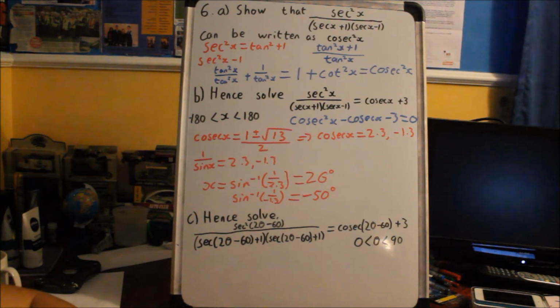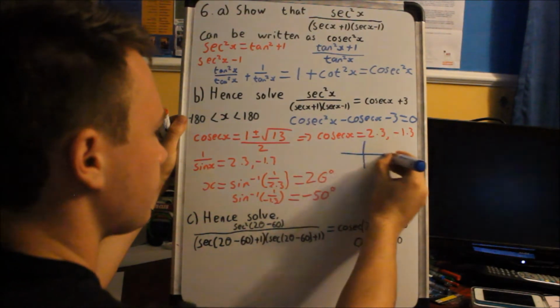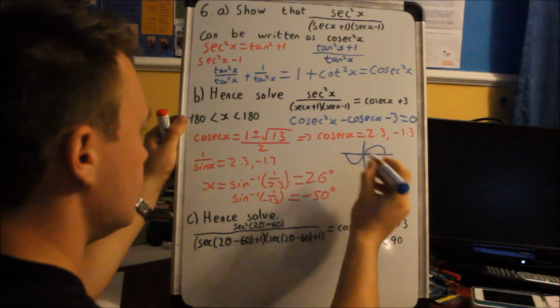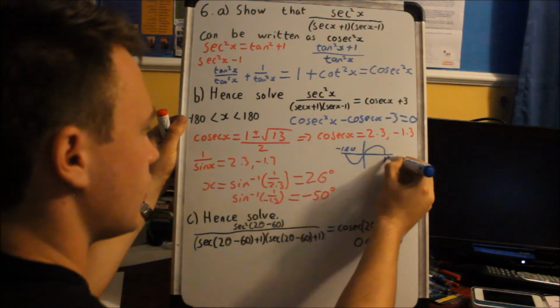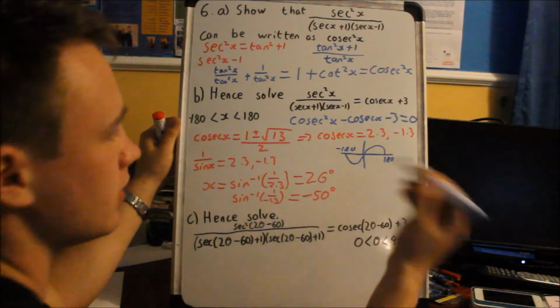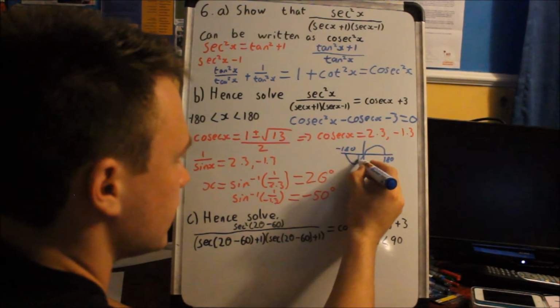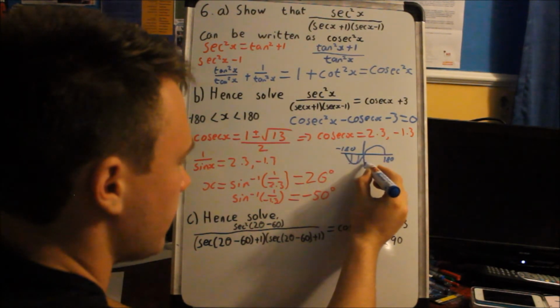So that's unlikely to be all of our answers, because it never is. So think about a sine graph for a second. It goes like this, between minus 180 and 180, which is not quite what you'd expect. Normally it goes between 0 and 360. This time they're doing it like this. And we can use the symmetry. If there's a value at minus 50, then there'll be a value here in line with it in the y.